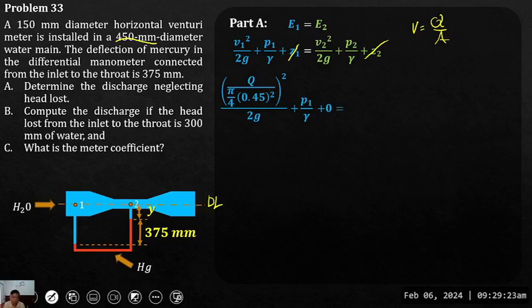Equals, velocity head sa point 2, ganun ulit, Q over A. So, area ng pipe sa point 2, yung 0.15 yung kanyang diameter, over 2G plus yung pressure head sa point 2. Ganyan.